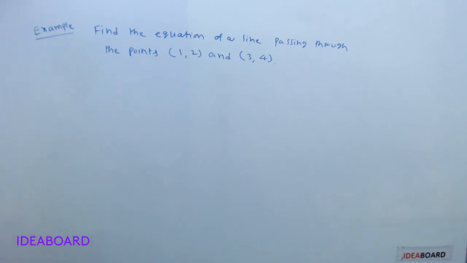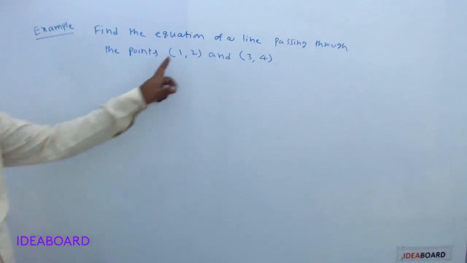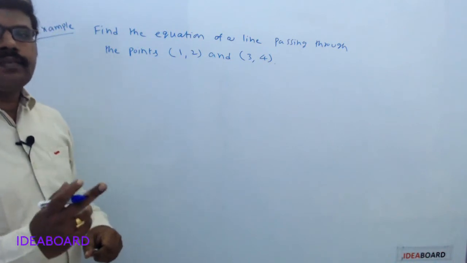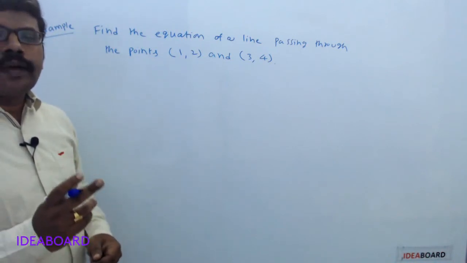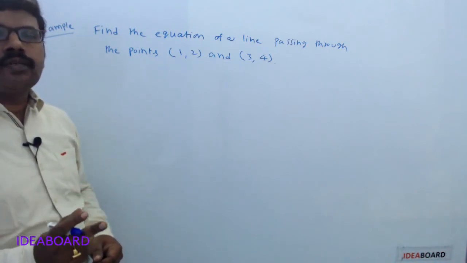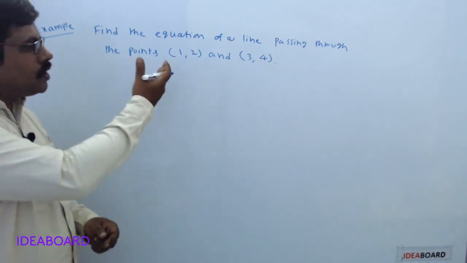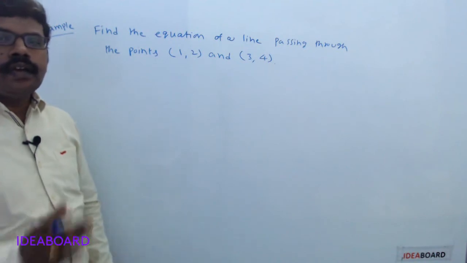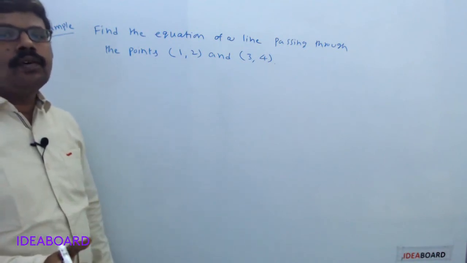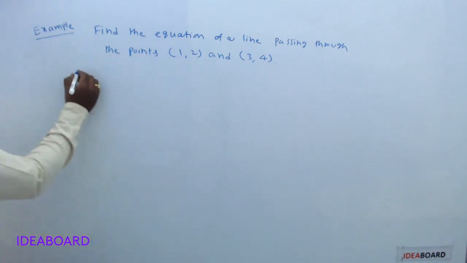So what is the formula for the 2-point form? y minus y1 equal to y2 minus y1 divided by x2 minus x1 into x minus x1. First denote the given 2 points with (x1, y1) and (x2, y2). Come to the solution.